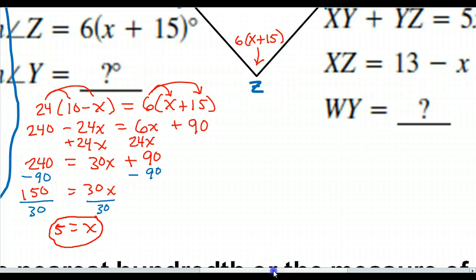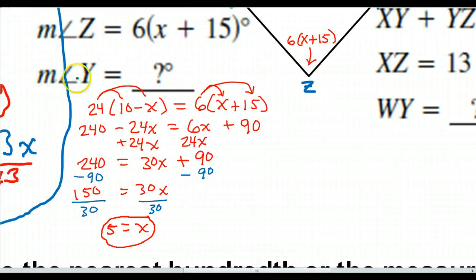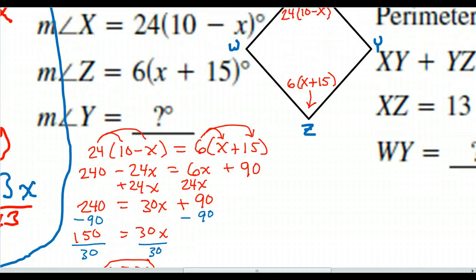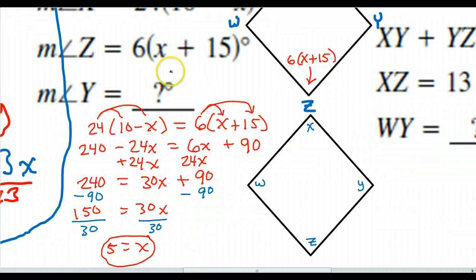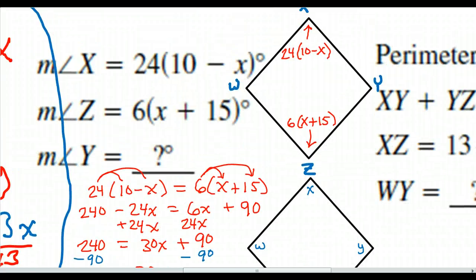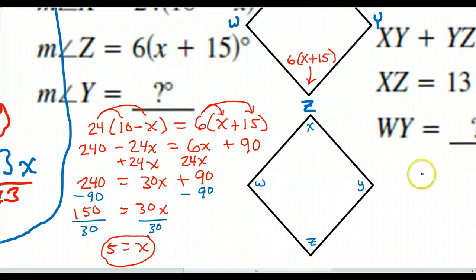We are supposed to be finding the measure of angle Y. So the measure of angle Y is this angle over here. This is the one that we want. But these will be supplementary. So this is the deal. I've copied the rhombus over so I can put stuff in it.